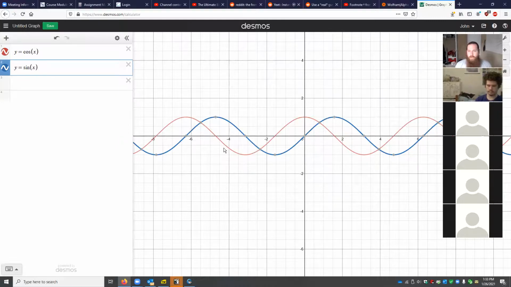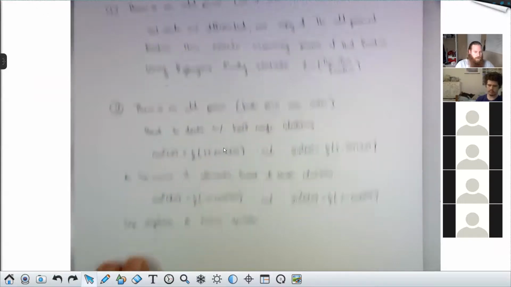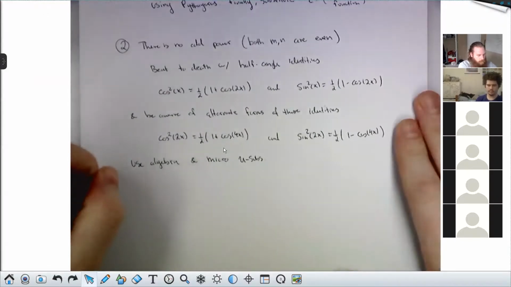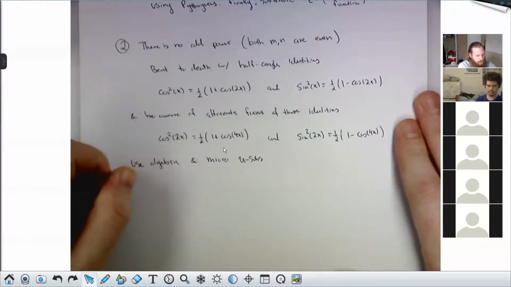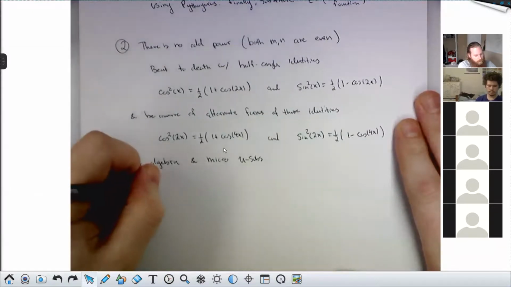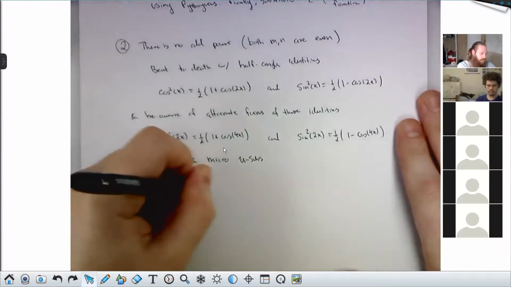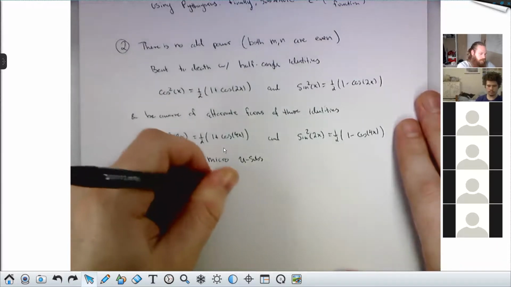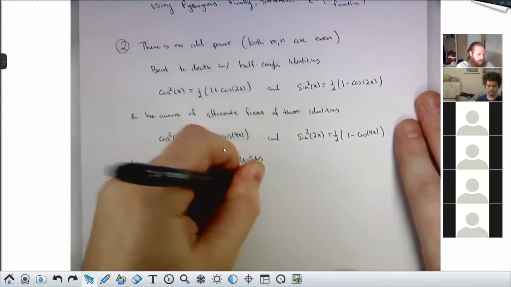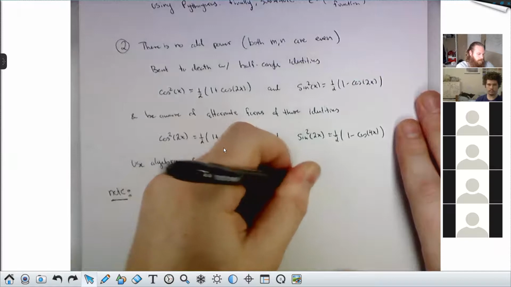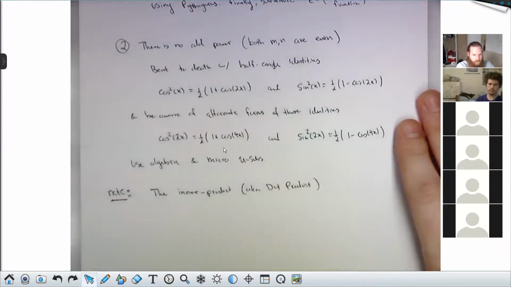Sines and cosines being orthogonal has a consequence. The notion of dot product for these functions, so here, quick note. The inner product, aka dot product, if you've studied vectors, you know what a dot product is. If you haven't studied this stuff, don't worry about it.